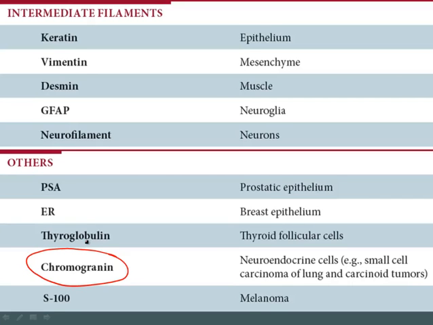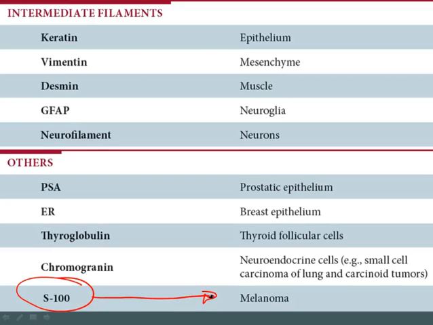And so this is sort of a spectrum of tumors that arise from neuroendocrine cells. It is important to understand that both small cell carcinoma and carcinoid tumors are derived from the same cell type, i.e. neuroendocrine cells, and it is very high yield to know that chromogranin is expressed in neuroendocrine cells. And then finally, the last of the stains I've listed here is S100, and S100 is useful for many things, but it's particularly useful to mark melanoma.